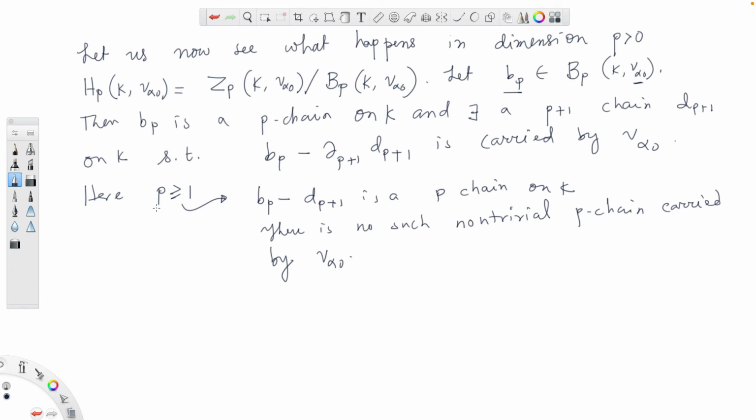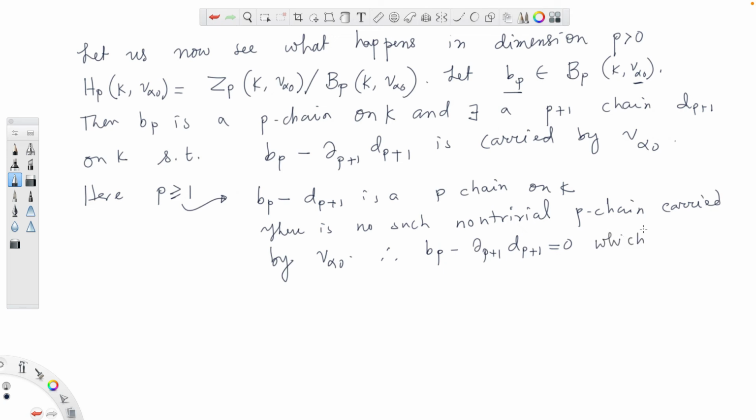So there cannot be any non-trivial p chain carried by V alpha 0. Therefore, one immediately finds that bp minus del p plus 1 dp plus 1 is equal to 0, right?